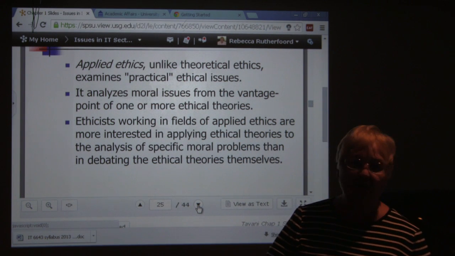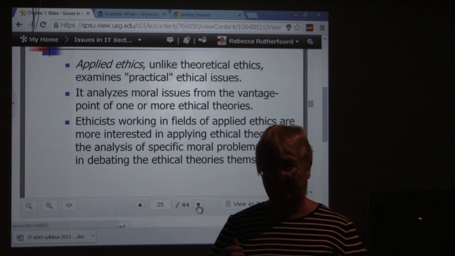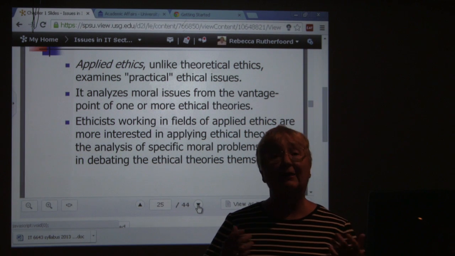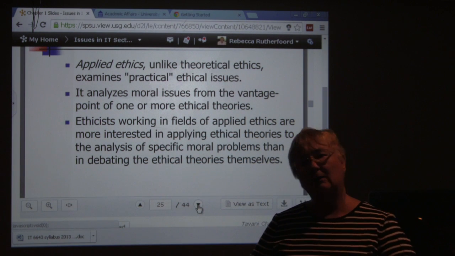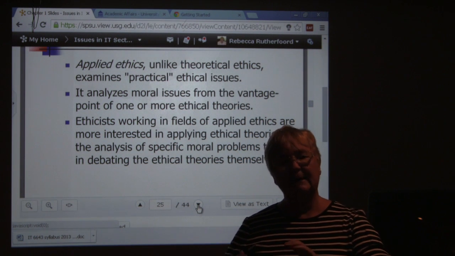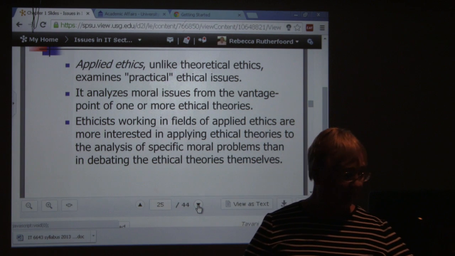So ethicists that work in applied ethics, which is again the practical application of ethics in our professions, are more interested in how we apply those ethical theories and make them work in practical reality.